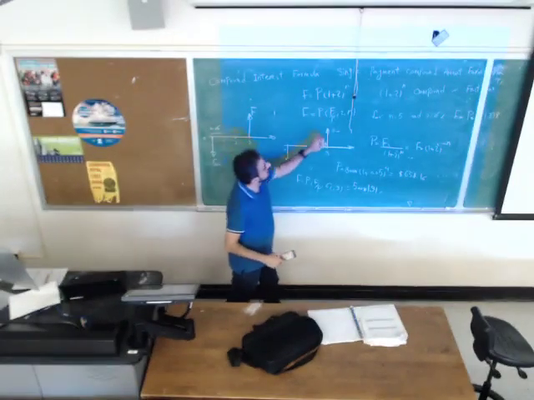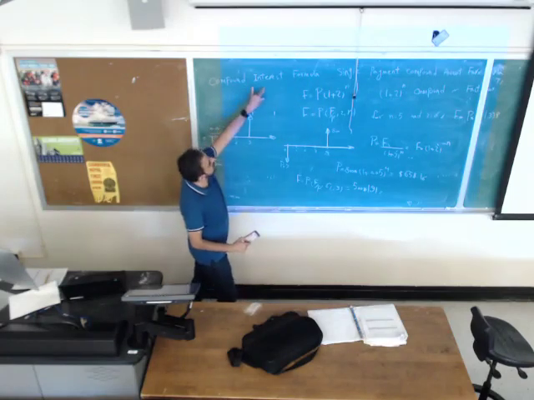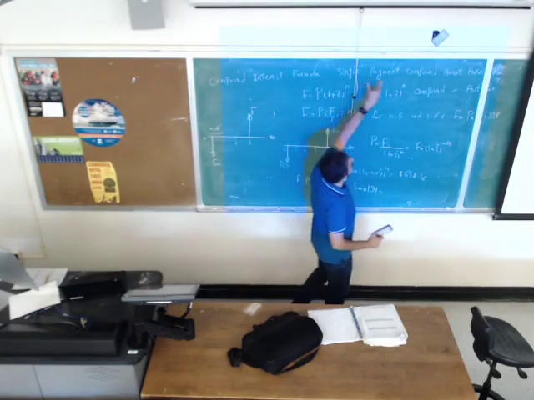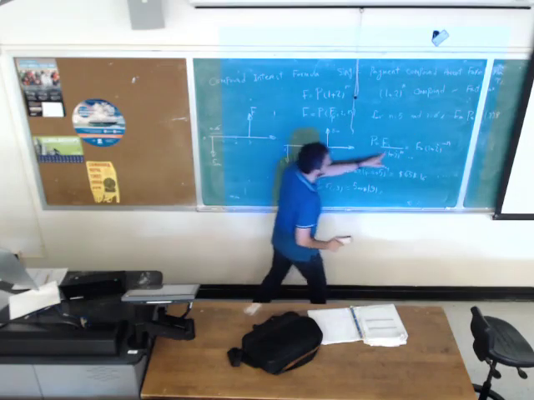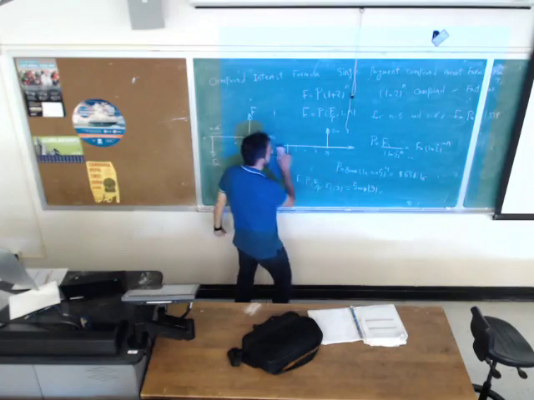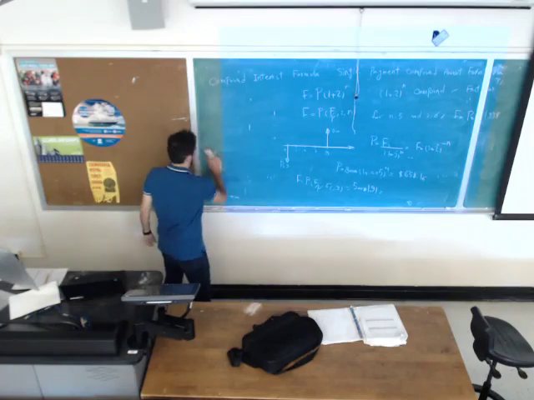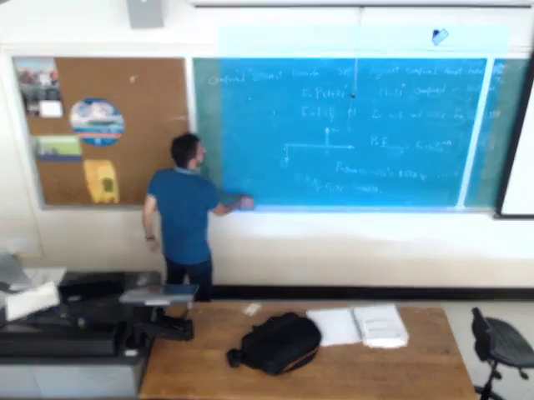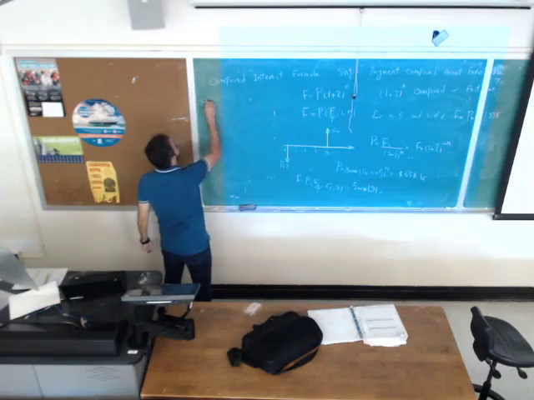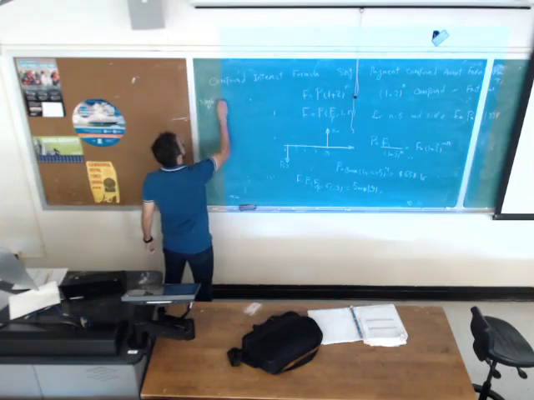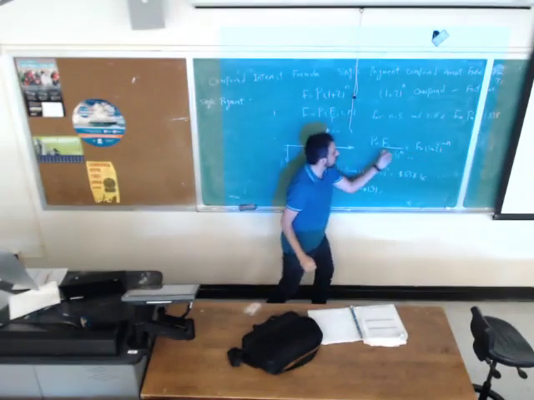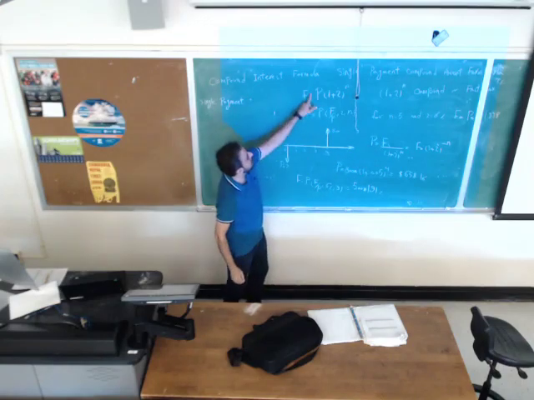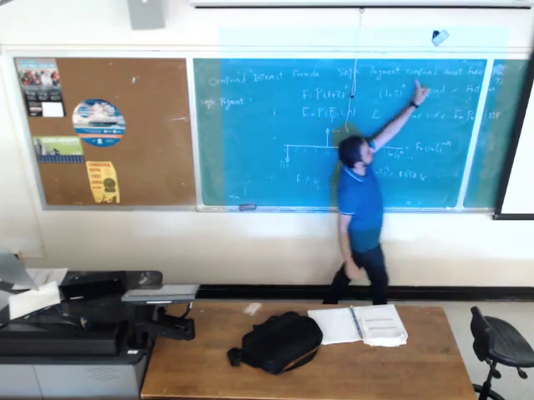So here I defined the compound interest formula, the single payment compound amount formula. Now in this formula, we are looking for the present value. We are not looking for the compound amount.